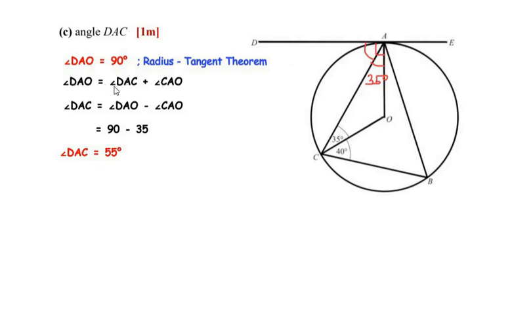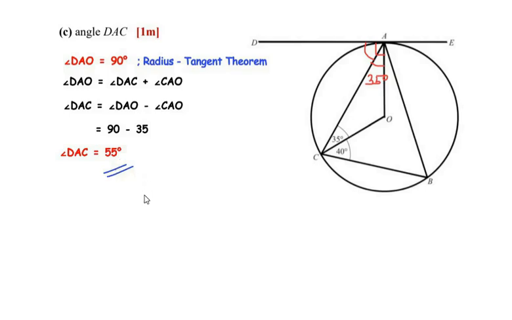So here, since we are trying to find out the value of angle DAC, let us take angle CAO on the other side of the equal to sign. So we get angle DAC is equal to angle DAO minus angle CAO. Now the value of angle DAO is 90 minus angle CAO is 35. So 90 minus 35 is going to give us the value of angle DAC as 55 degrees. So this is going to be our answer.